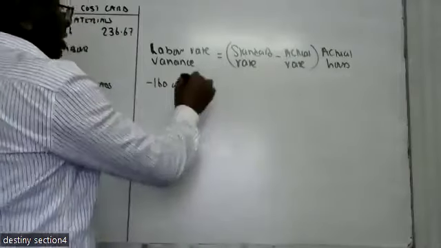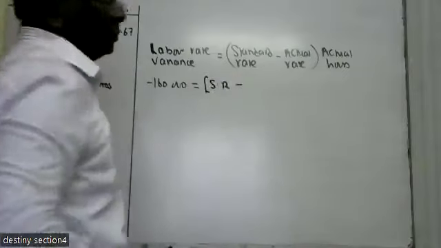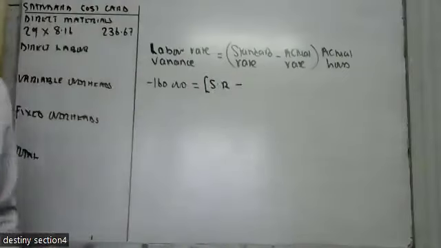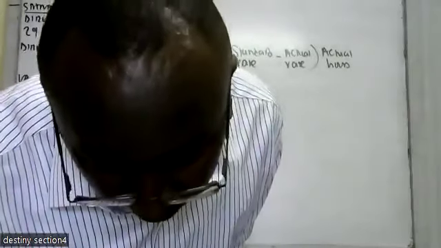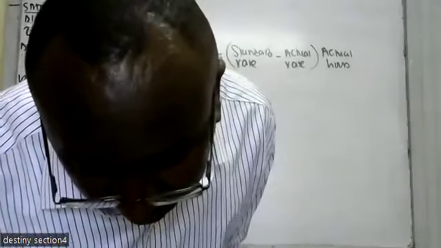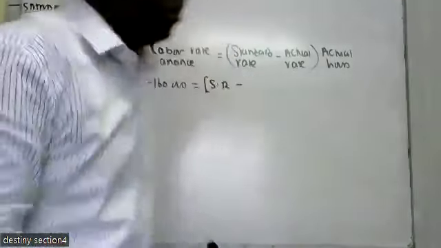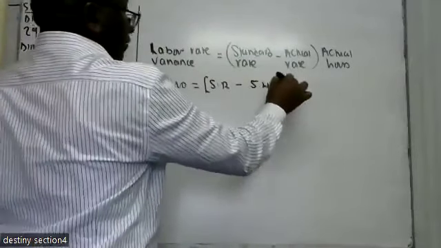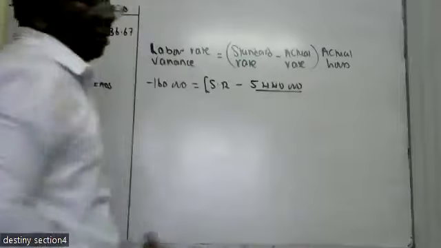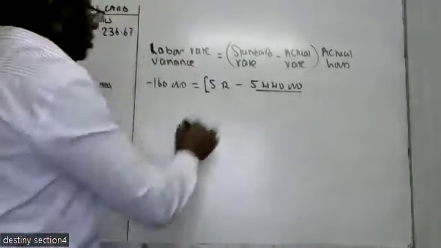The standard rate is not known, so we use SR. The actual rate: you go to labor hours and you find they paid 5,440,000. This was paid in respect to 64,000 hours.